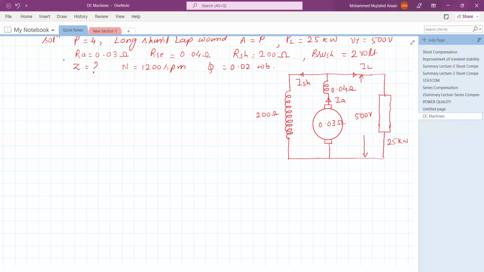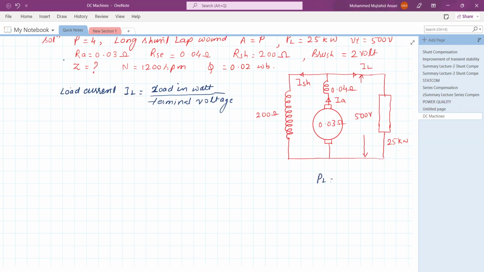First, it is better to calculate the load current IL.